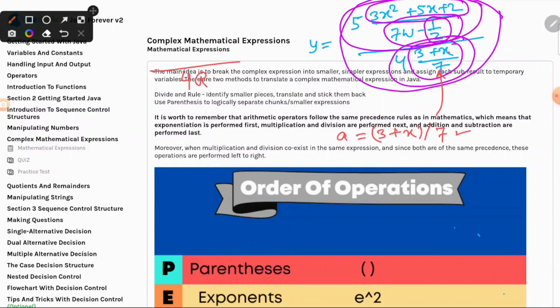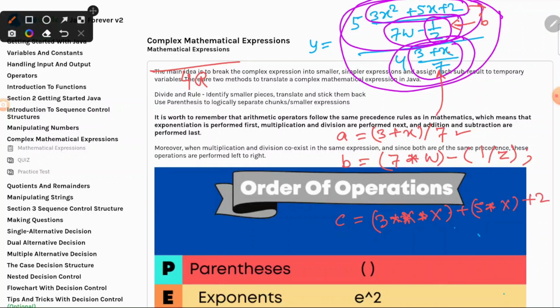Similarly, for 7W minus 1 over Z, I'll say B equal to 7 multiplied by W minus, again I can put it in parentheses, 1 over Z. Anytime in doubt, put the parentheses. Now this whole thing becomes B. On the top, I can say C equal to 3 multiplied by x, multiplied by another x, put it in parentheses, plus 5 multiplied by x, put it in parentheses, plus 2.